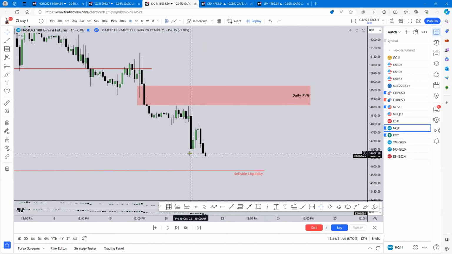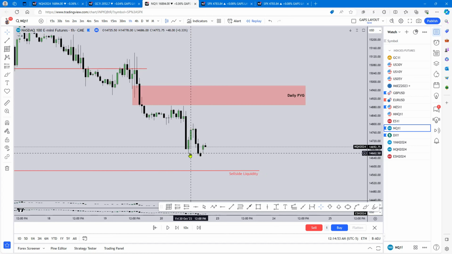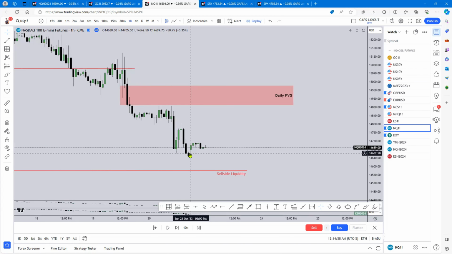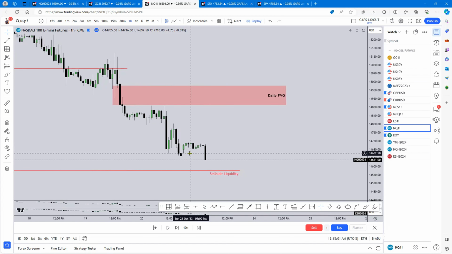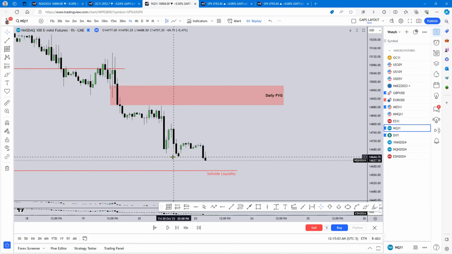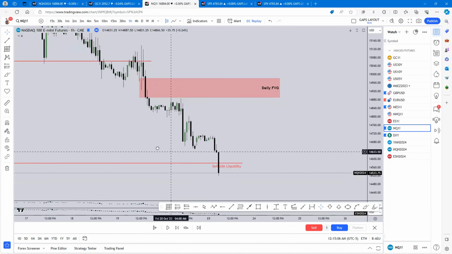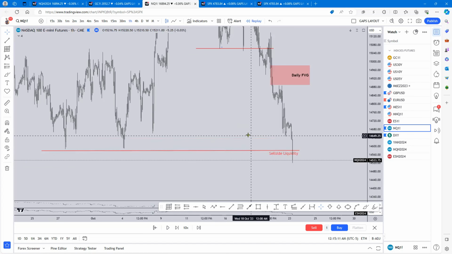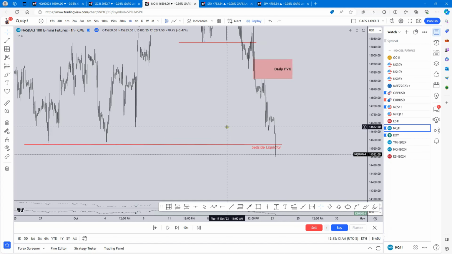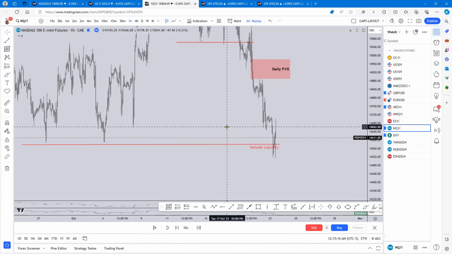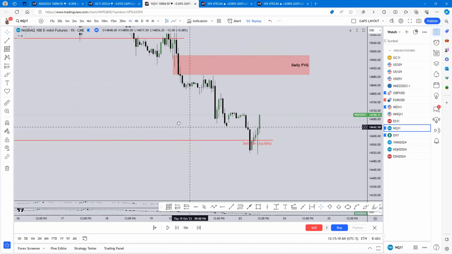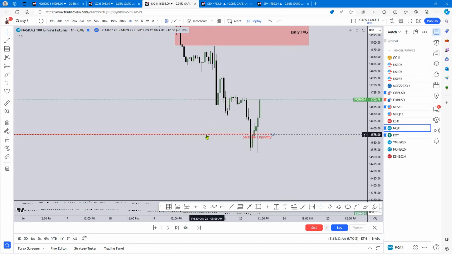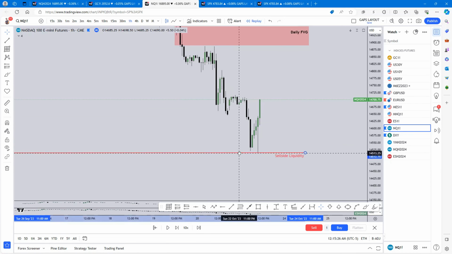So we pull price forward. We sweep the sell side one more time. Sell side being swept one more time. Now we're getting a pullback in here. Now this becomes our external liquidity here.